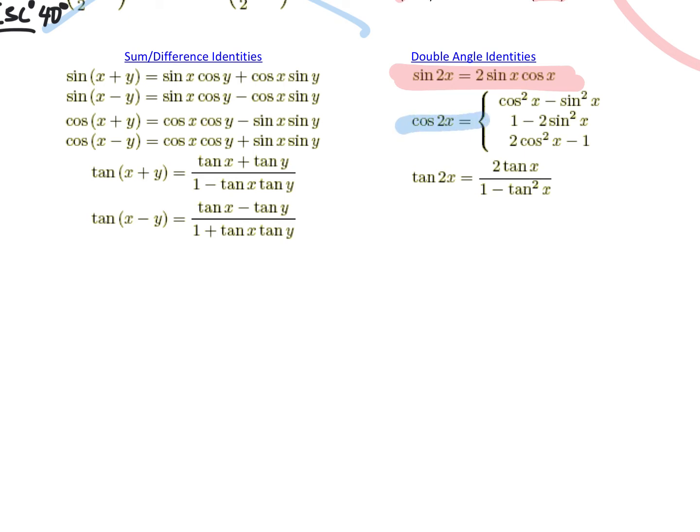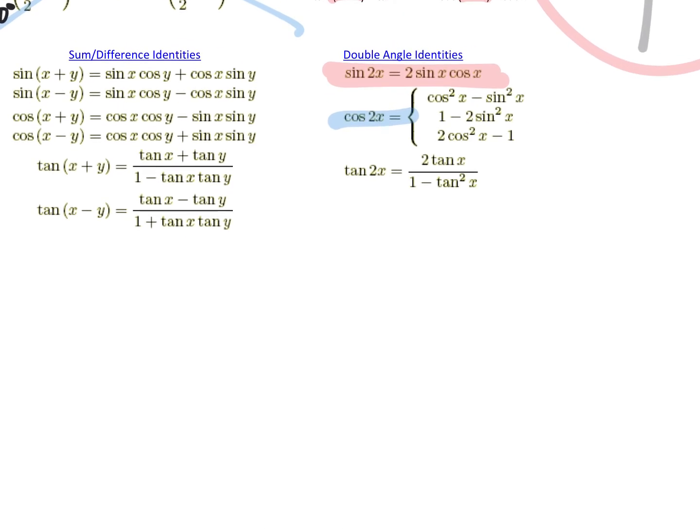And this one comes up a lot. And I'm not going to highlight what this is equal to because you get to pick. You could either replace it with this or this or this. You get to pick whichever one feels better for that problem. So if you're in the middle of a problem and there's a cosine of 2x there, you can pull it out and put in any one of those three.